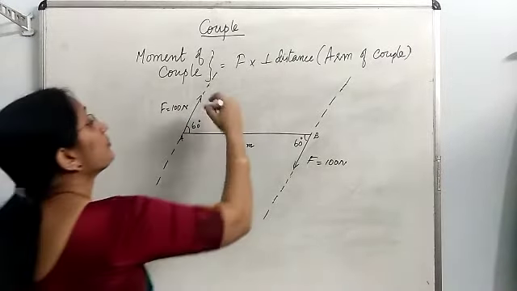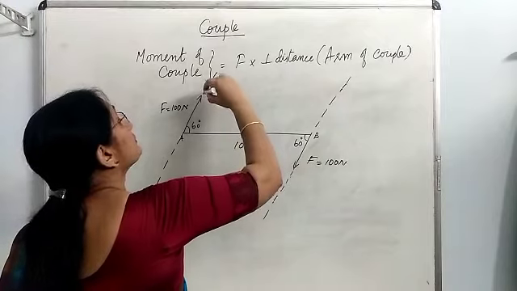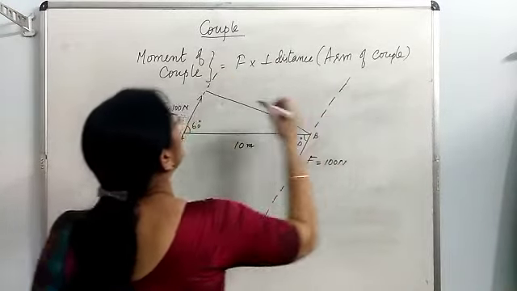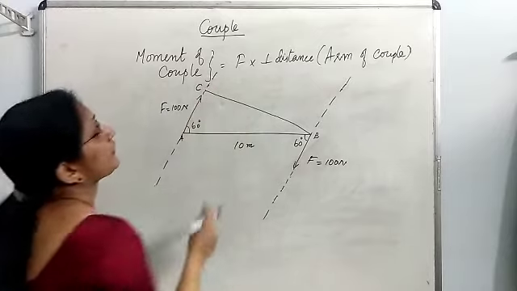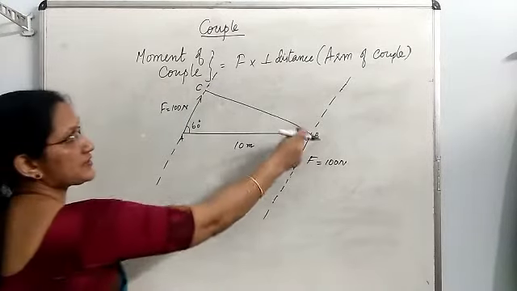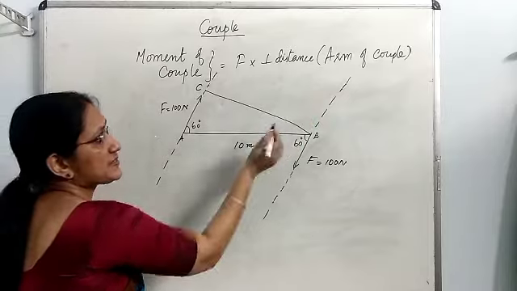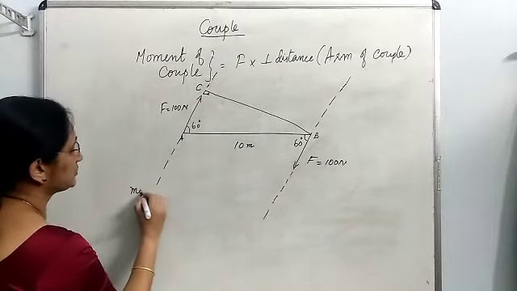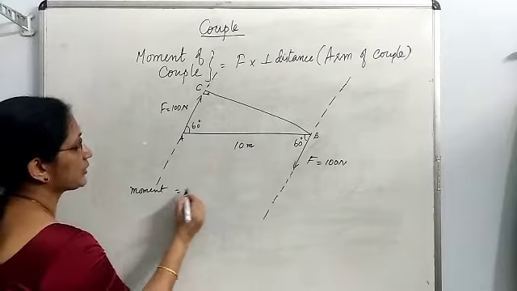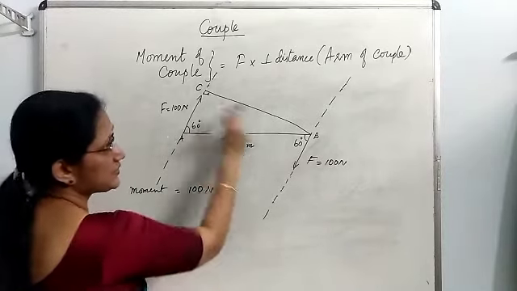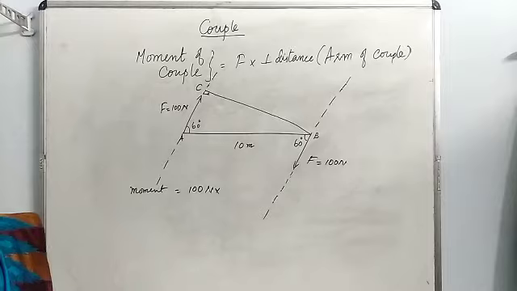Then draw the perpendicular distance. BC is the perpendicular distance between the two forces. Then moment is equal to force into perpendicular distance. Force is 100 Newton. Now, how will you find this BC, the perpendicular distance?